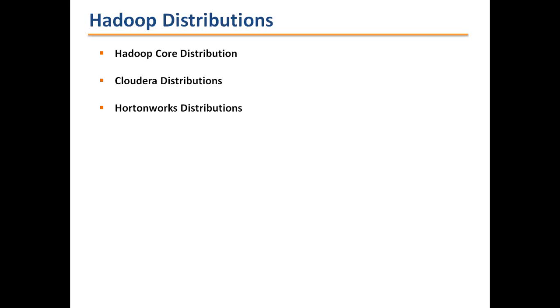HDP means Hortonworks Data Platform. Similar to Cloudera CDH3 and CDH4, Hortonworks HDP has HDP 1.x and HDP 2.x. HDP 1 mostly supports Hadoop version 1. HDP 2 supports the new versions and whatever new tools are there.